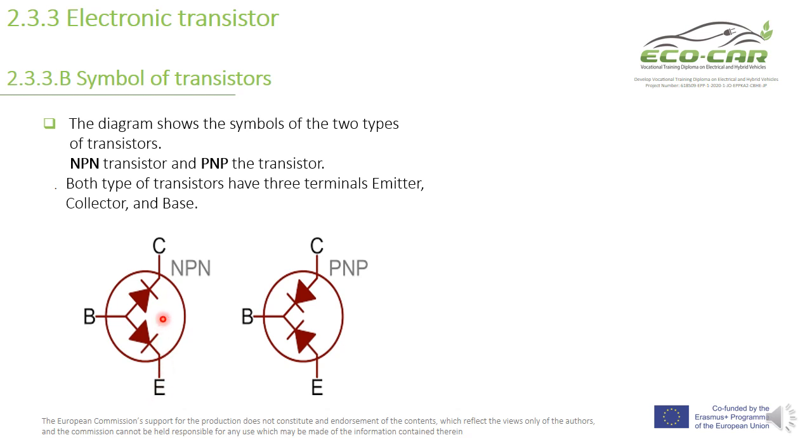If you look inside the transistors, we have two diodes inside the transistor. If the diodes are directed like this, it is called an NPN transistor, and if the direction of the diodes is like this, it is called a PNP transistor.